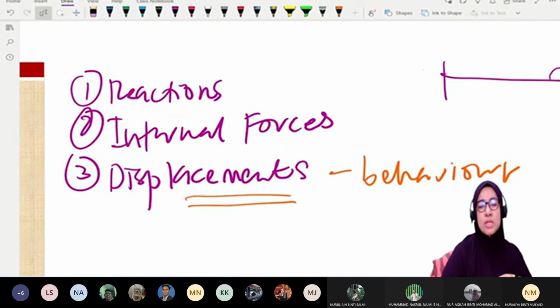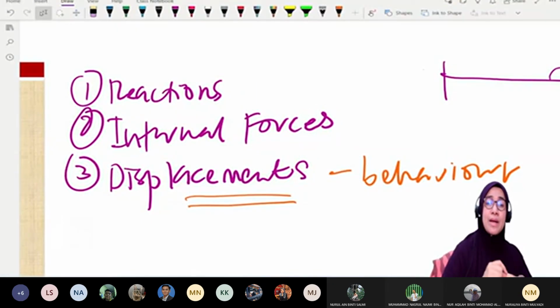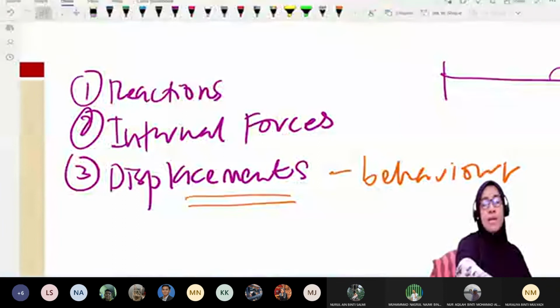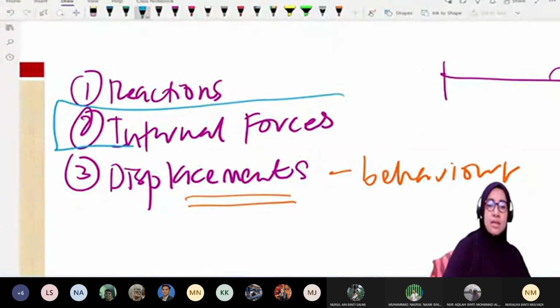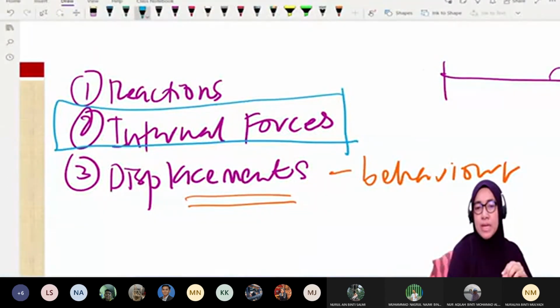And for the moment distribution method, the member end moment is actually an internal force. The output in the moment distribution method is internal forces. It is bending moment.